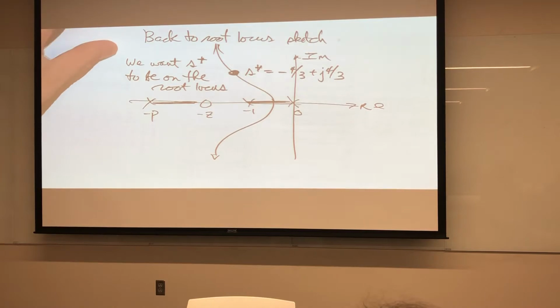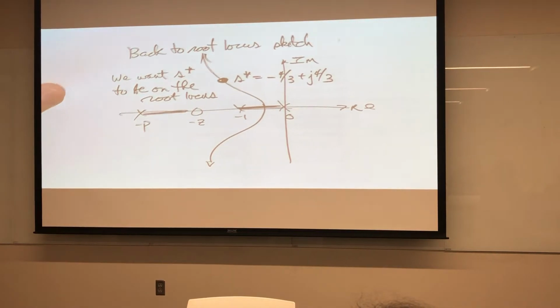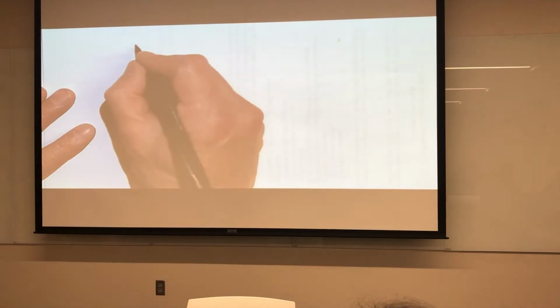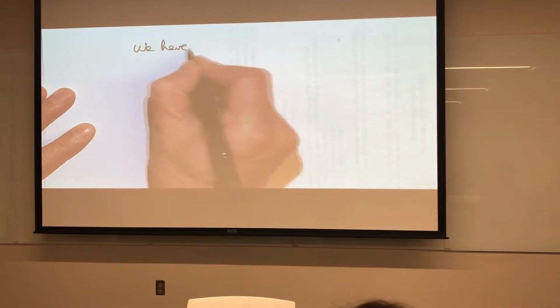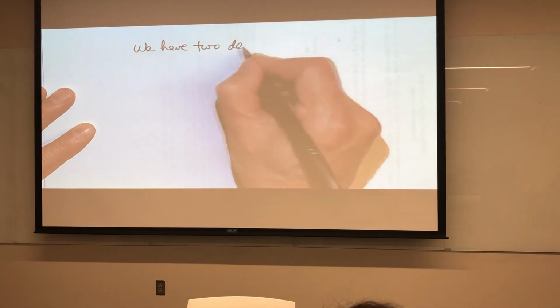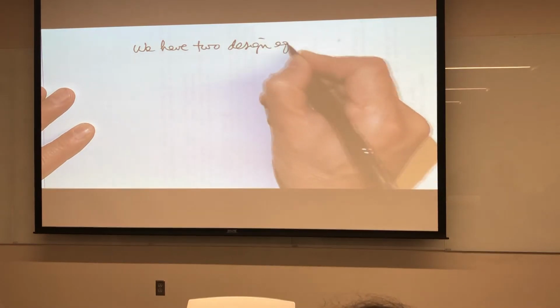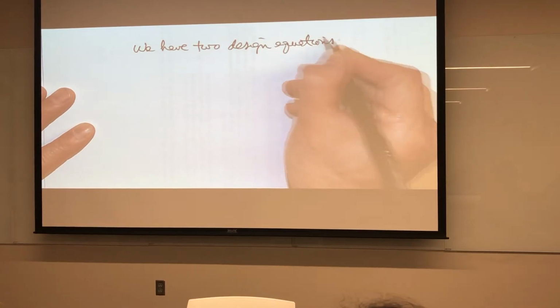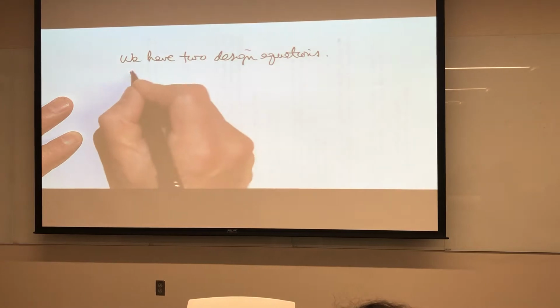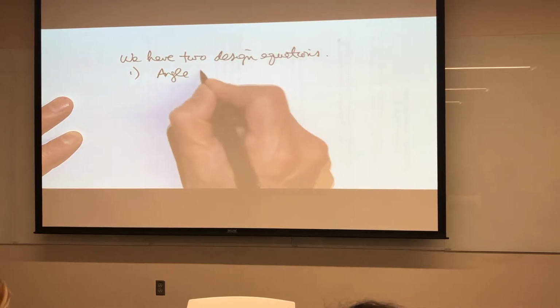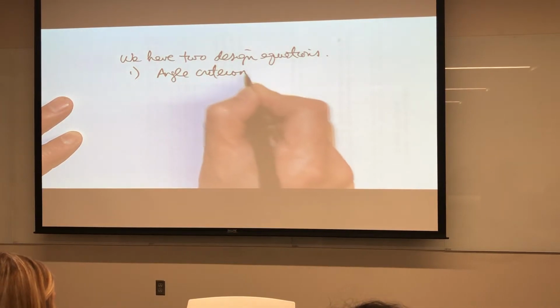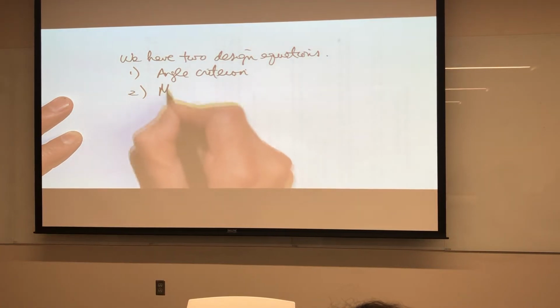All right, so for root locus design, we have two equations, as I mentioned before. We have two design equations. One of them is called the angle criterion, which we're going to apply today. And the second one is the magnitude criterion.